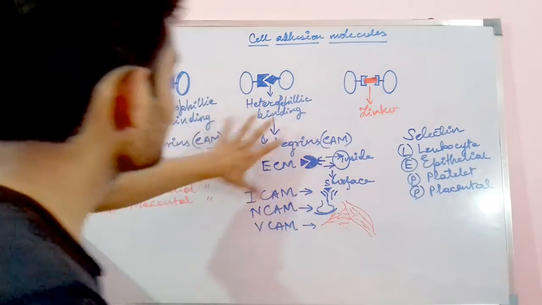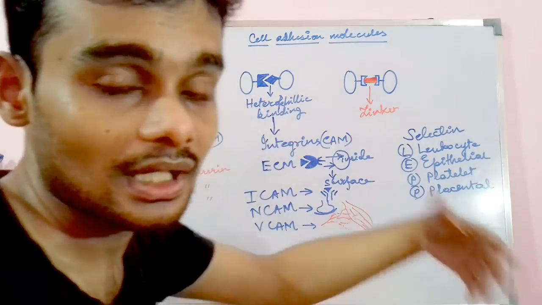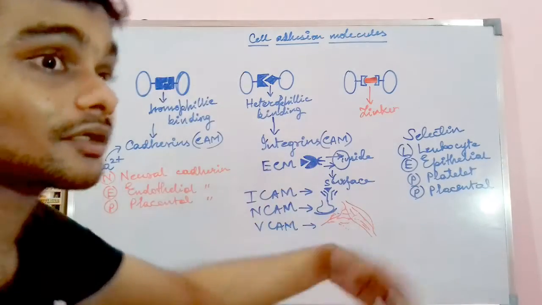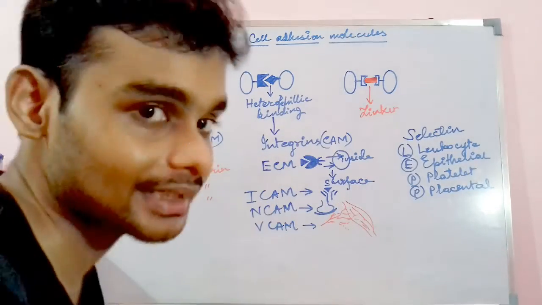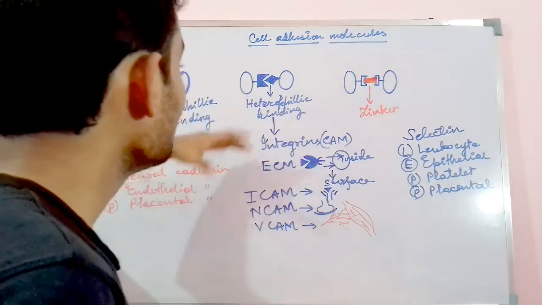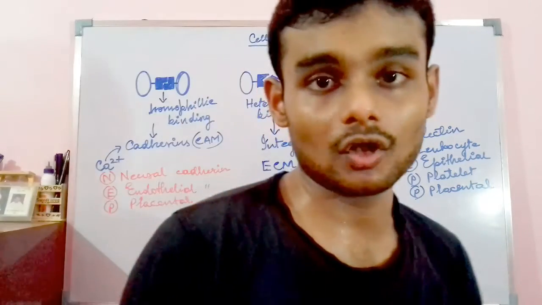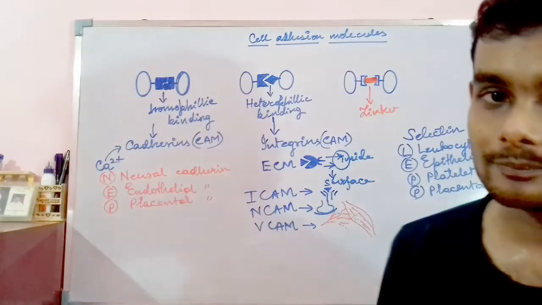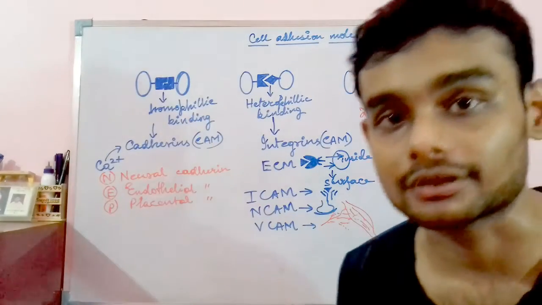So these molecules are nothing but physical contact molecules, which help in maintaining the physical contact between two different types of cells, or maybe two similar types of cells in different fashion.